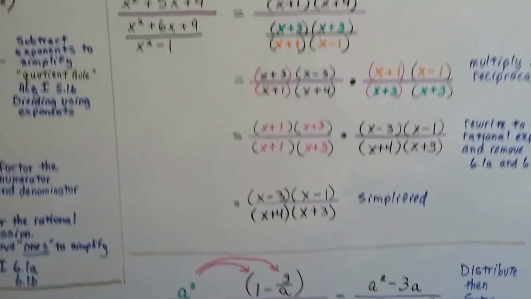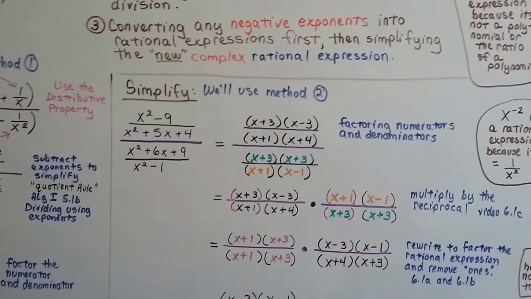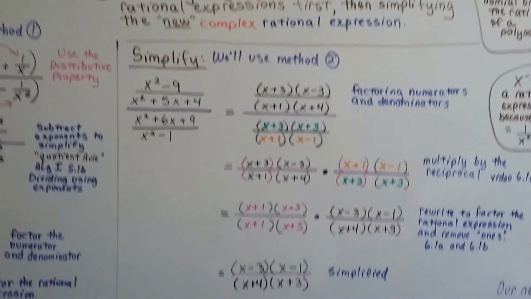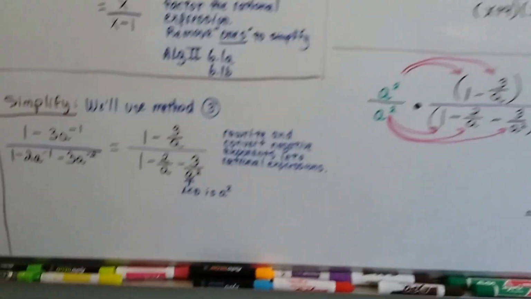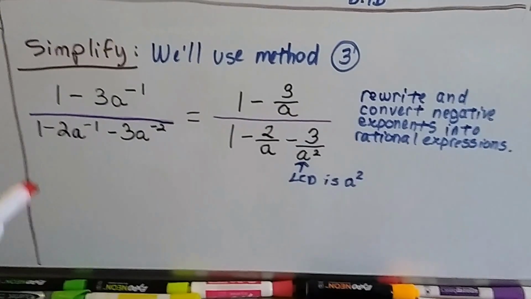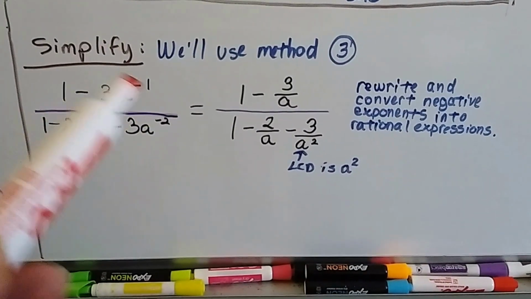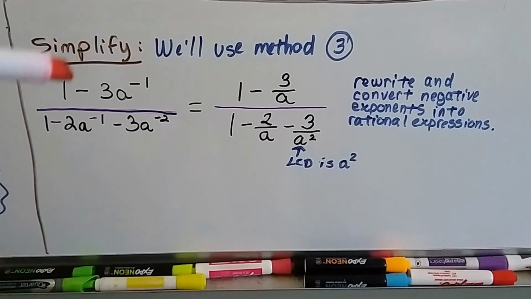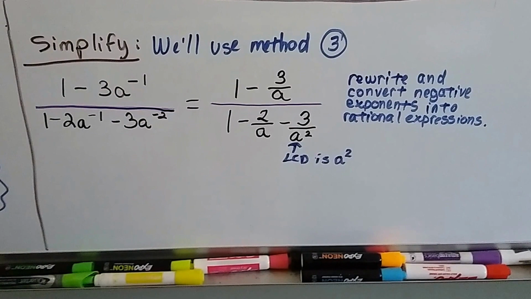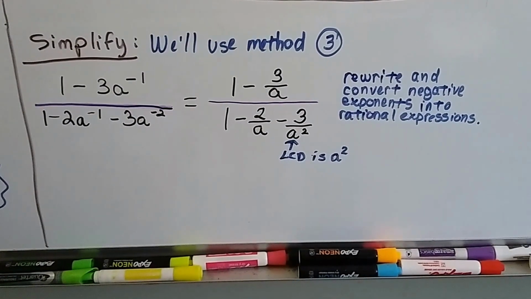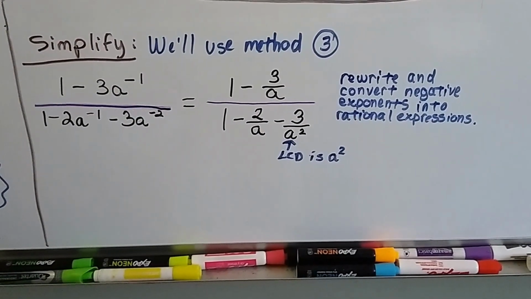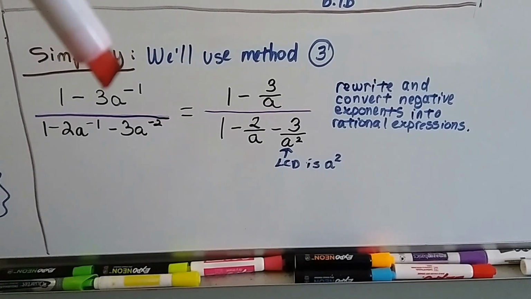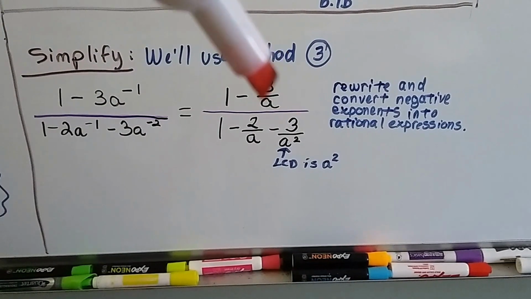All right, so the third method was converting any negative exponents into rational expressions first and then simplifying that new complex rational expression. So here we go down here, and we're going to simplify this complex rational expression using that third method. So if you see, we have a negative exponent here, here, and there. We can rewrite and convert the negative exponents into rational expressions. So this becomes a 1 minus 3 over a.